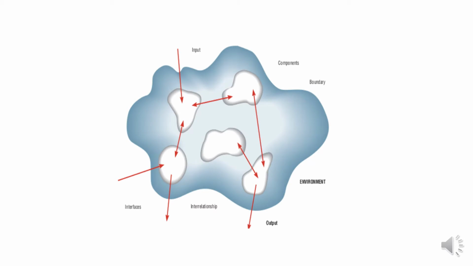So this is the view graph. In the last lecture, we discussed the 9 elements of the system. Here we can see that the boundary of this bubble is an environment, and in this environment there are different components connected to each other.